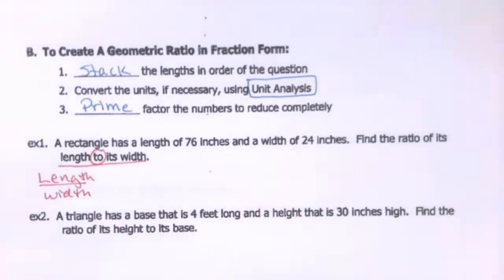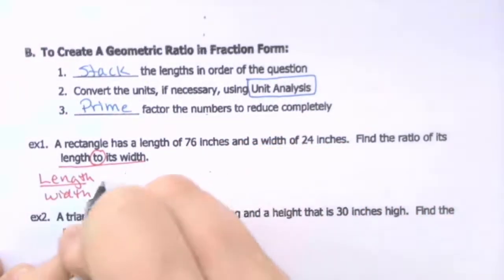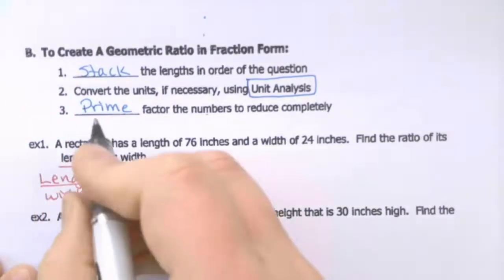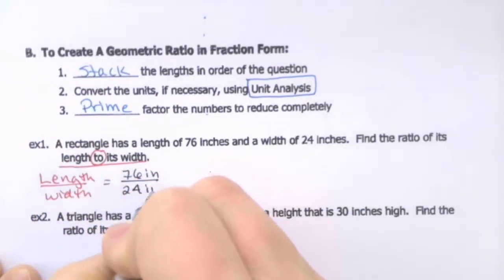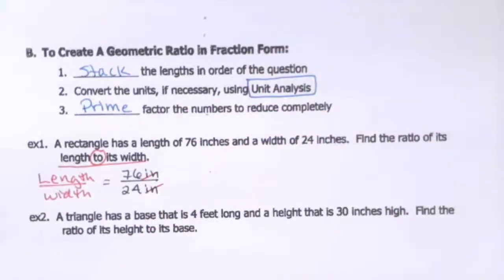We go in the same order as the statement given. Okay, so in this question, the length is 76 inches, so that goes on the top. Over the width goes 24 inches. So you can tell right away that the inches will divide out. We don't need unit analysis to make that happen.